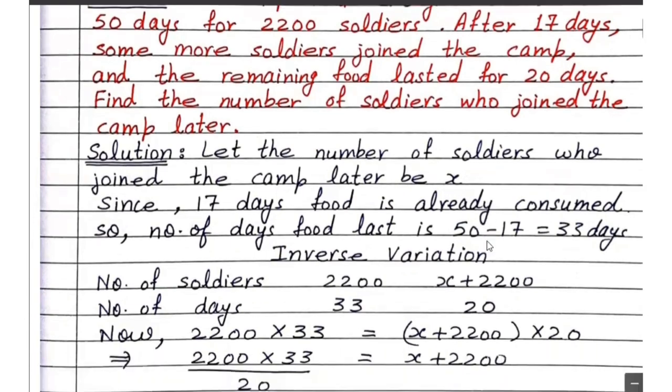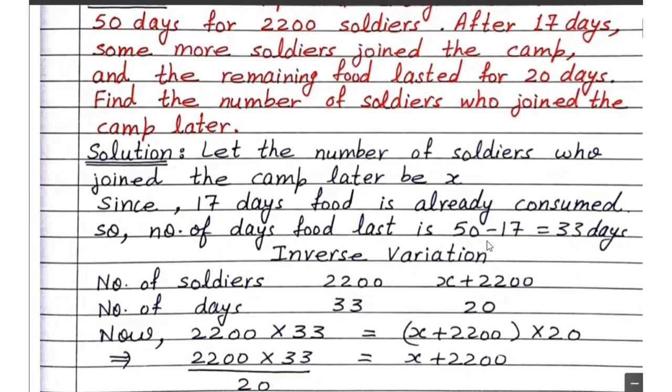Here the number of soldiers was 2200, and the number of days they will consume the food, that is after 17 days, is 33. Now if new soldiers joined, the new number of soldiers is X plus 2200, and the food lasts for 20 days.